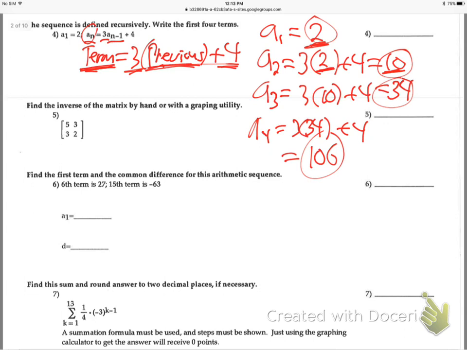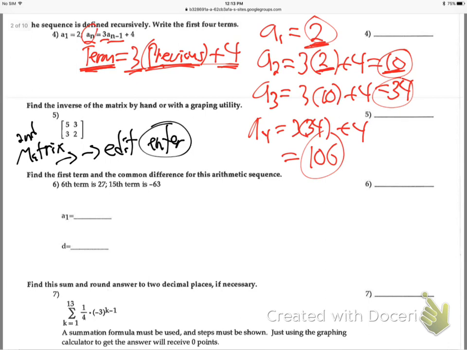Okay, so number 5. I would just put this in my calculator. Just remember, you'll have your graphing calculator for all this stuff, right? Do you remember how to do that? Hit second, matrix, then go over to the edit menu, hit enter, and then put in the matrix, the 5, 3, 3, 2, then hit second, quit.